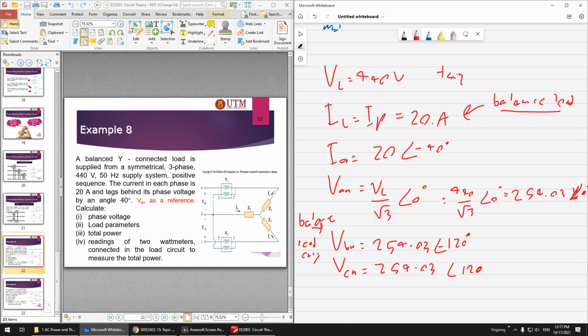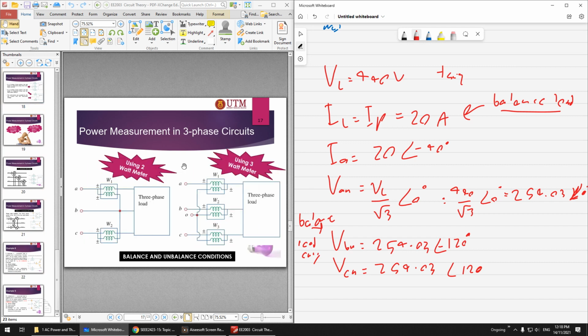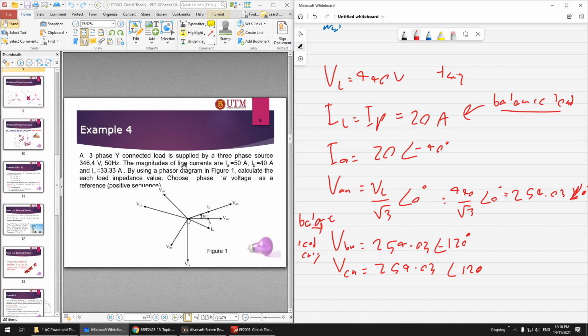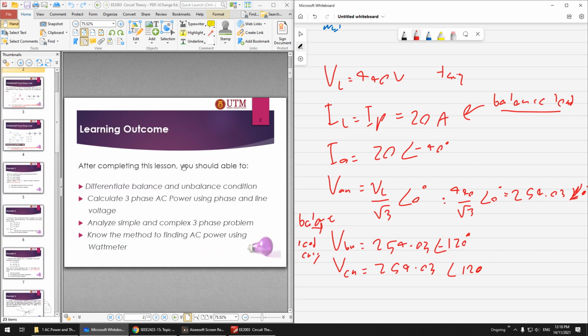You can see here IA is the same, the angle is also the same. But if it is not a balanced load, remember you have to do a mesh analysis.